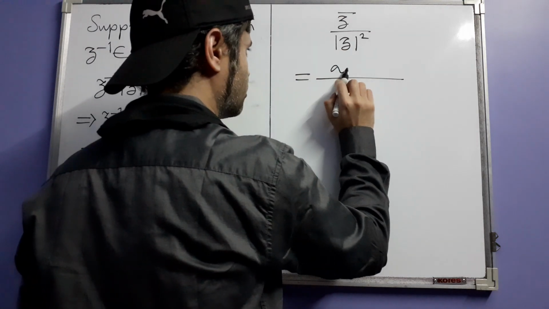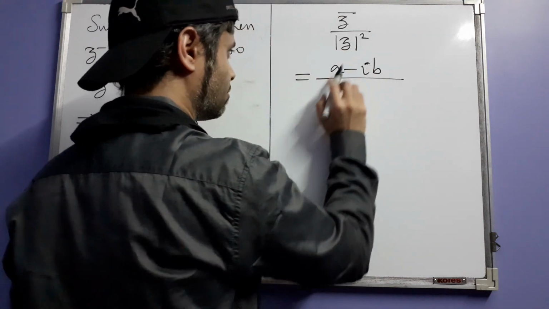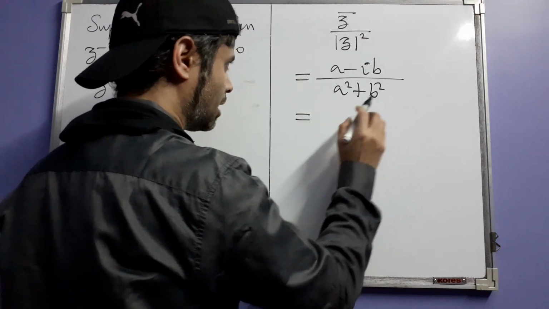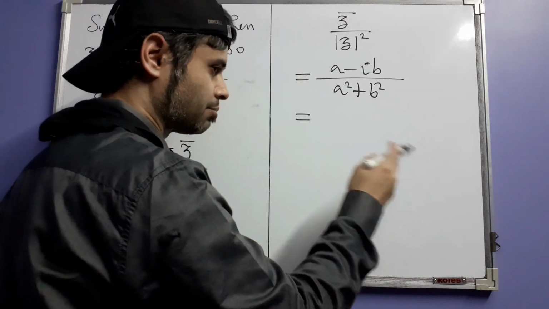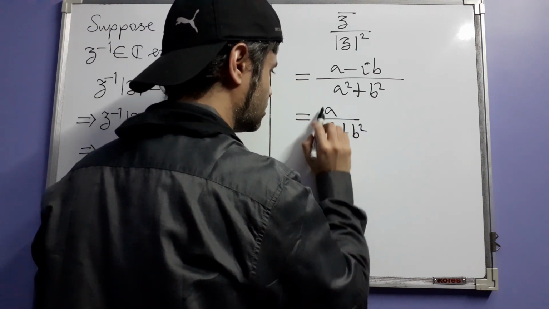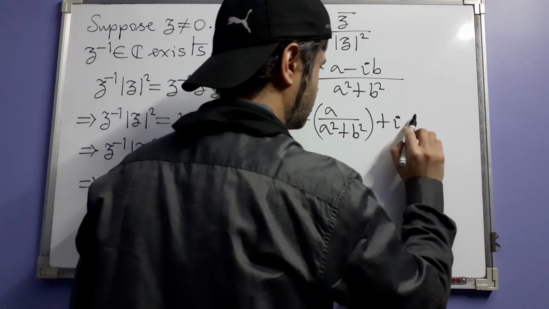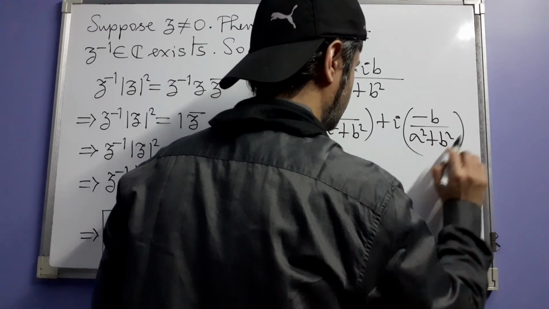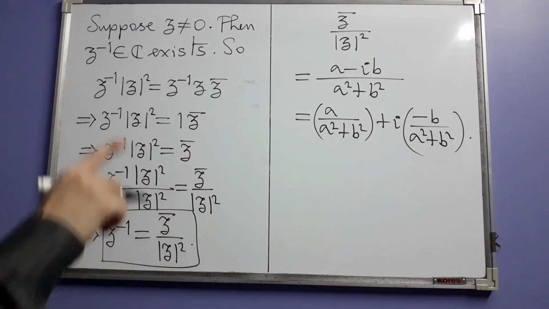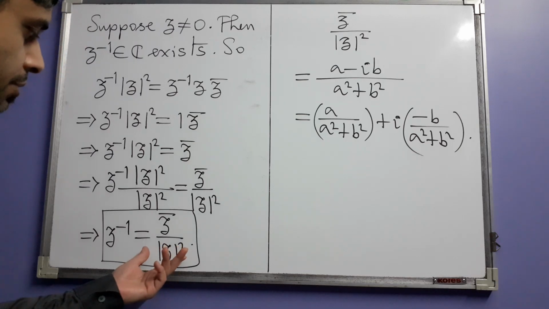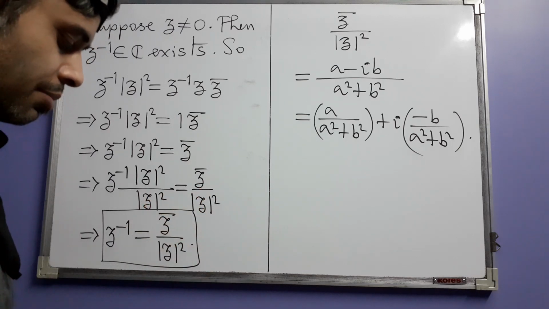So its complex conjugate will be a minus ib. And what is this? a square plus b square. If you write it in the form something plus i times something, you are getting this. So yes, you see that you are actually getting back your original z inverse, the multiplicative inverse. Okay, so using this formula also you can calculate the multiplicative inverse.